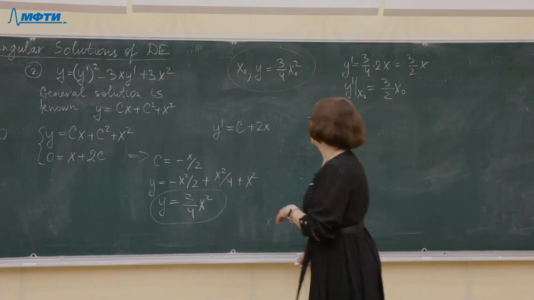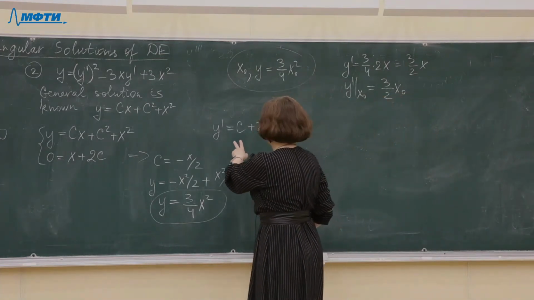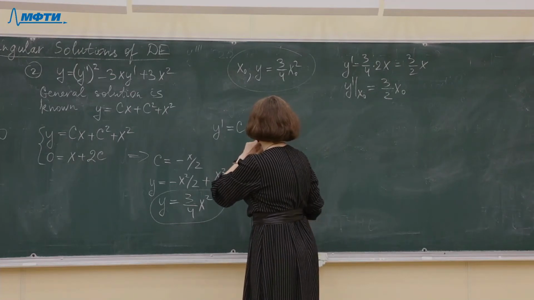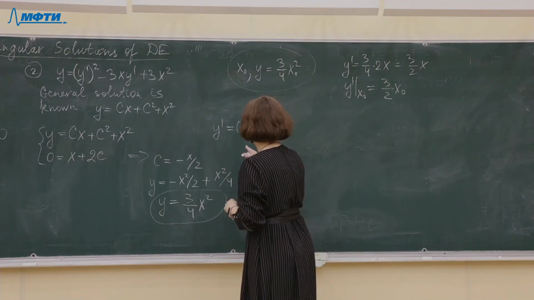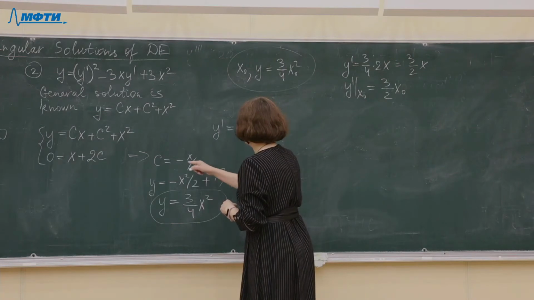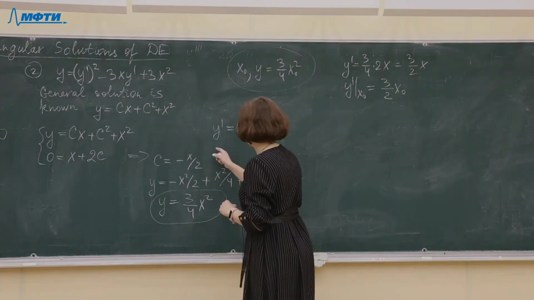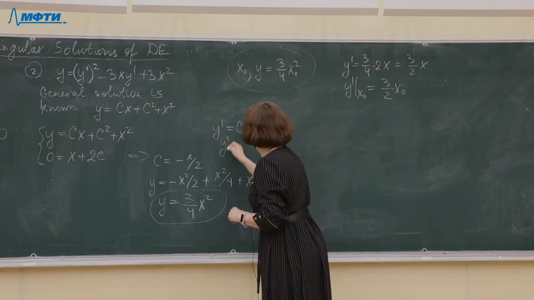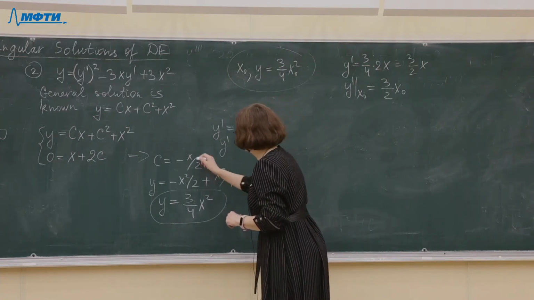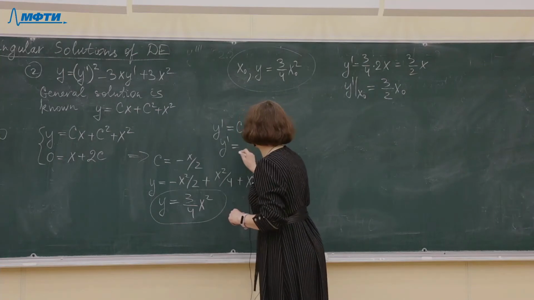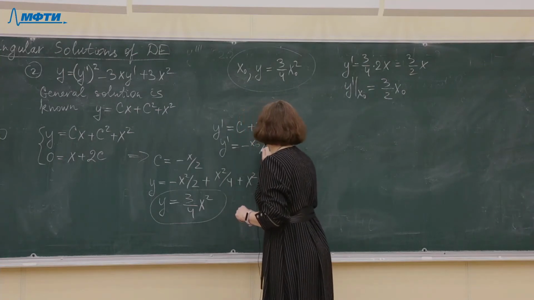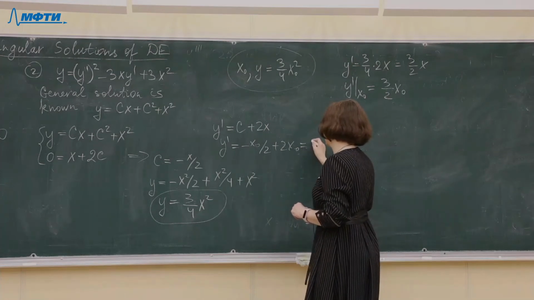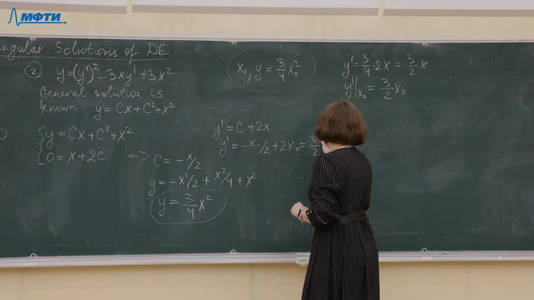Right, and if we return here, for c equal to minus x half, we have y prime equals minus x0 half plus 2x0, and it is equal to 3/2 x0.